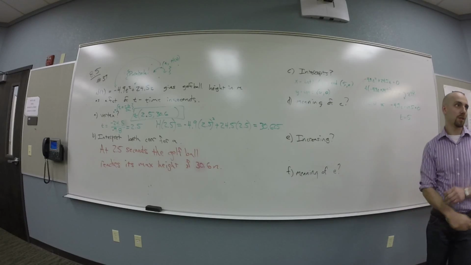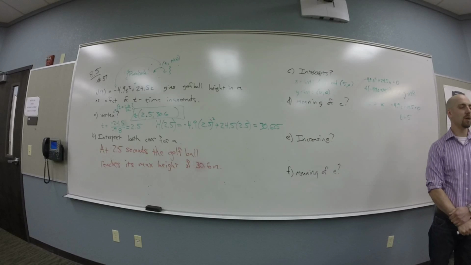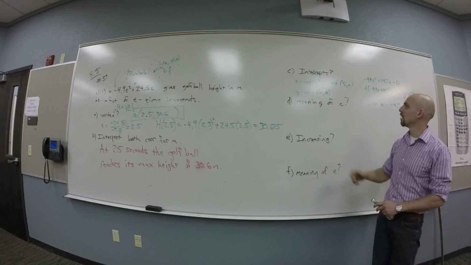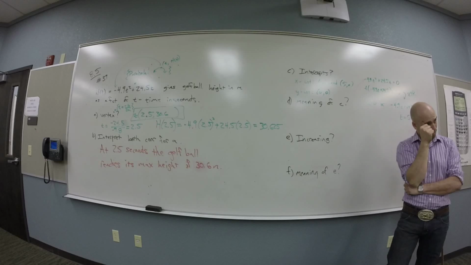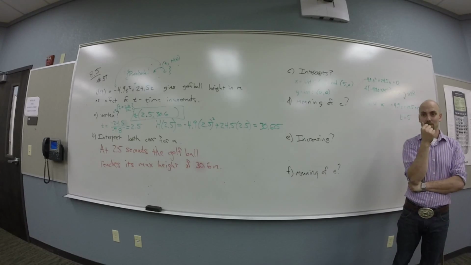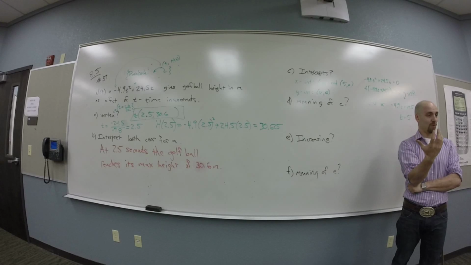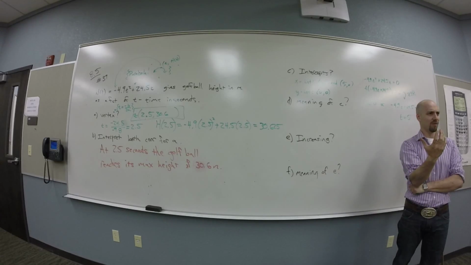Should we interpret these? What does it mean when the height is 0? What does it mean when a golf ball is height 0?